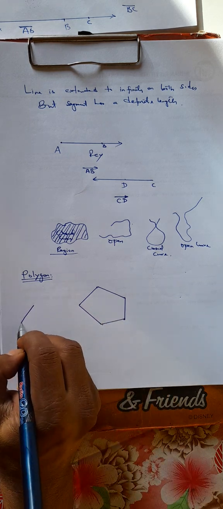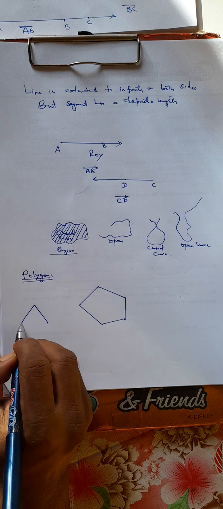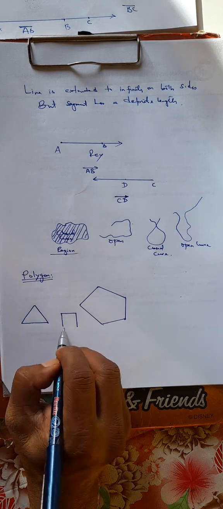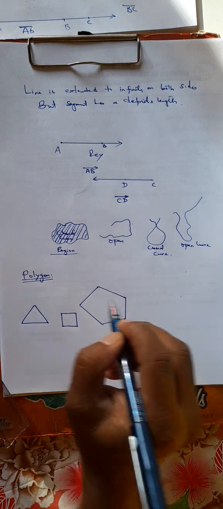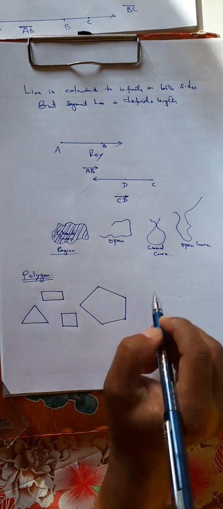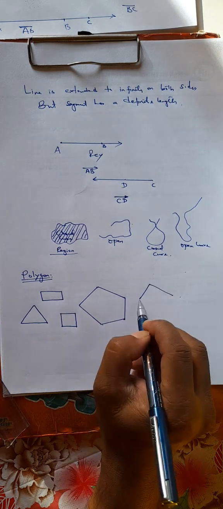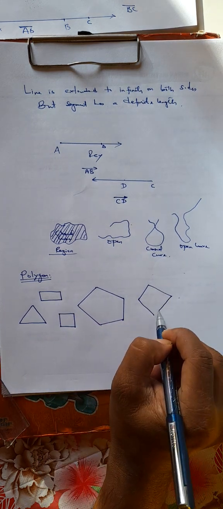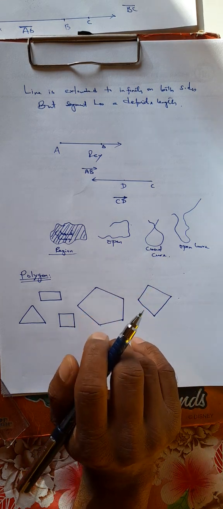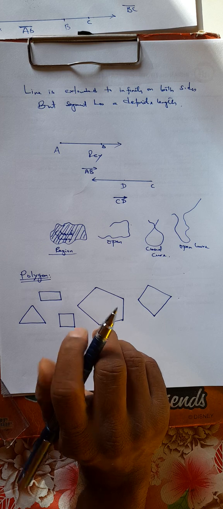Similarly, a triangle, you are joining 3 line segments. Square, suppose, then rectangle, or any quadrilateral. Together these are called polygons, right?